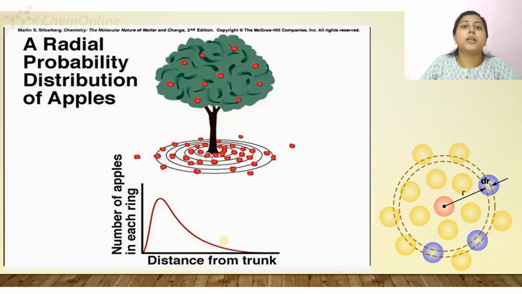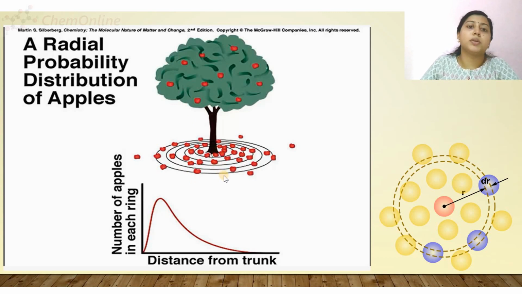Now let's use an analogy to see what this radial distribution function actually looks like. This is a radial probability distribution of apples. Imagine an apple tree with many apples, a lot of which have fallen on the ground. Mark off on the ground rings that are equally spaced at certain distances from the trunk.